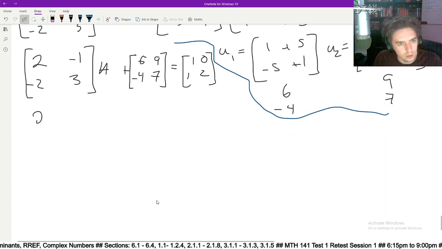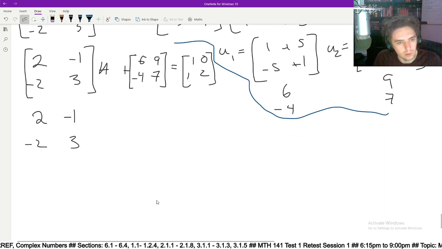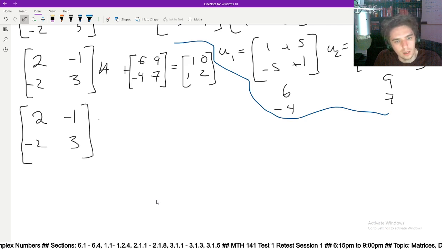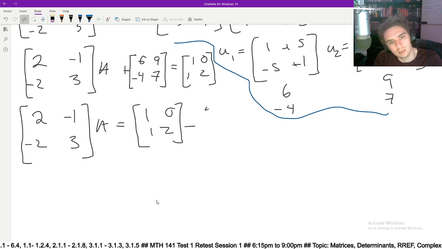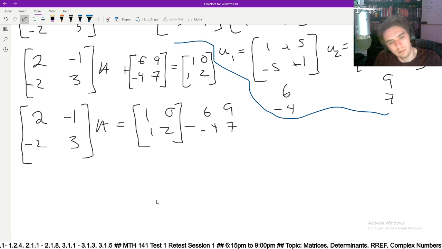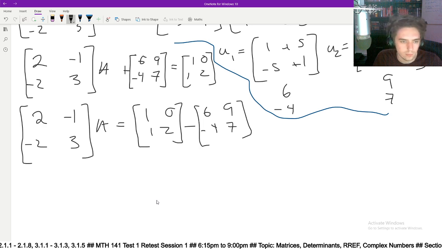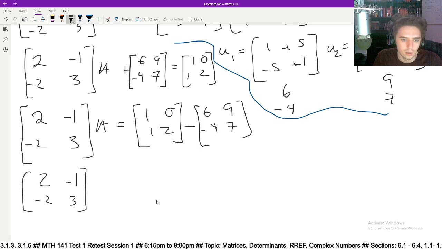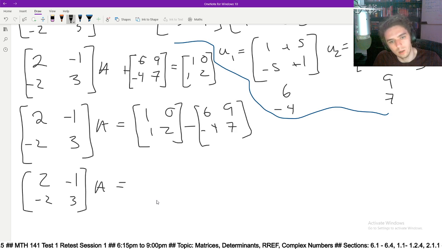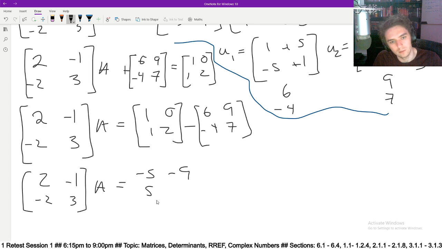Move this over. 2, minus 1, minus 2, 3, A equals 1, 0, 1, 2 minus 6, 9, minus 4, 7. 2, minus 1, minus 2, 3, A equals, so 1 minus 6 is minus 5, 0 minus 9 is minus 9, 1 plus 4 is 5, 2 minus 7 is minus 5.